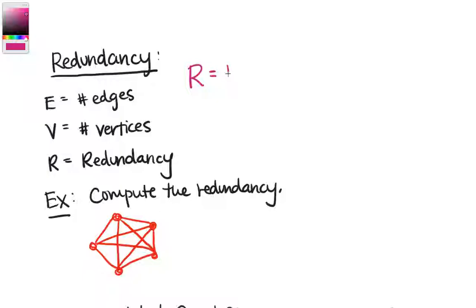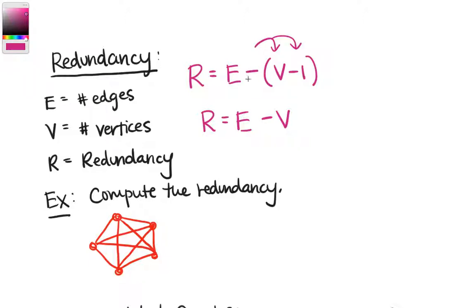One way is R = E - (V - 1). Another equivalent way, we could just take that negative sign and distribute it: edges minus vertices, and then negative times negative makes a positive. So R = E - V + 1.